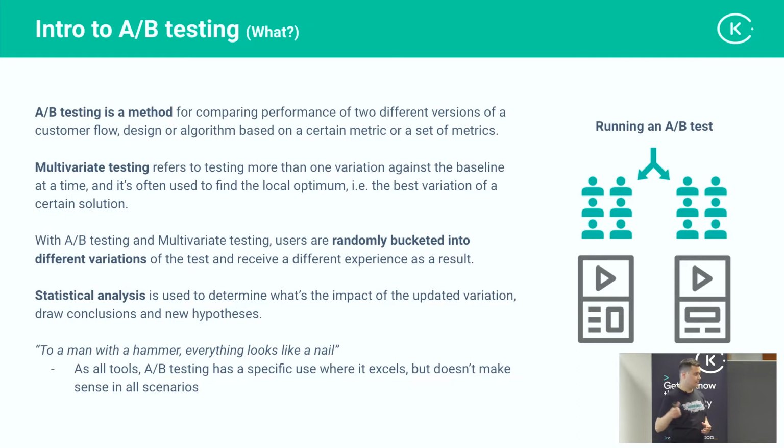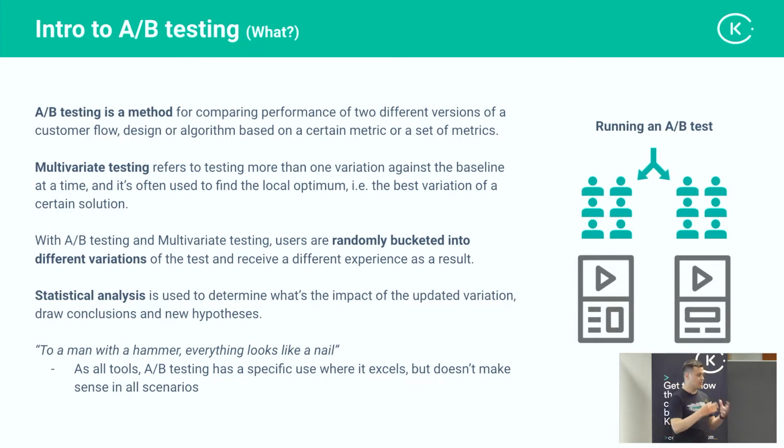And the last quote here is, I believe, pretty important, because like with every tool, there's a famous quote: to a man with a hammer, everything looks like a nail. When teams discover A/B testing, it can be pretty attractive to go ahead and A/B test everything. And that's fine. You can find out the performance of anything you want, but there are a couple of caveats.